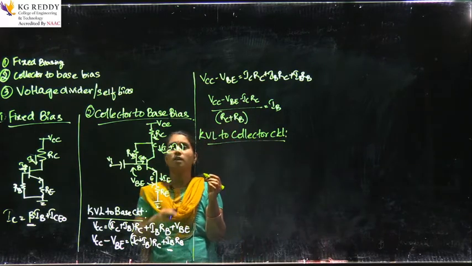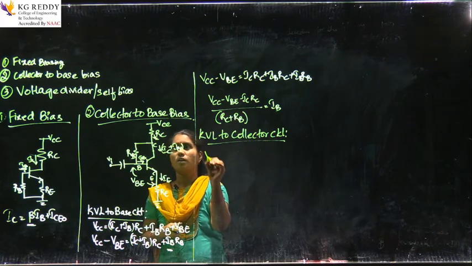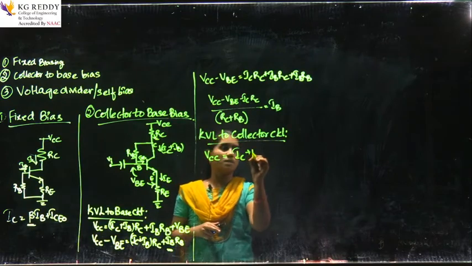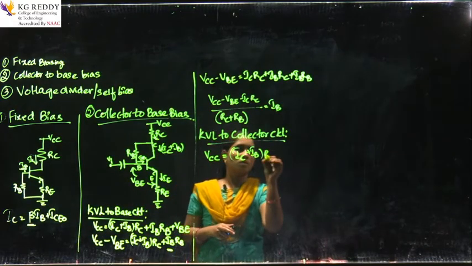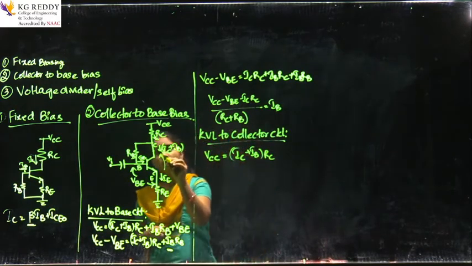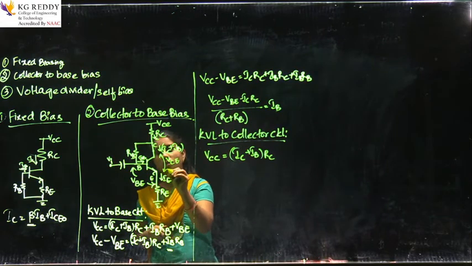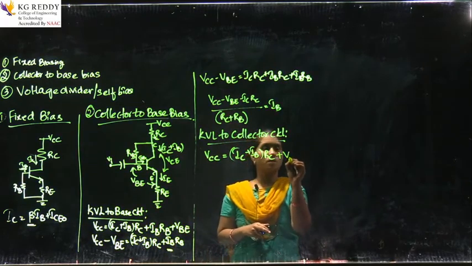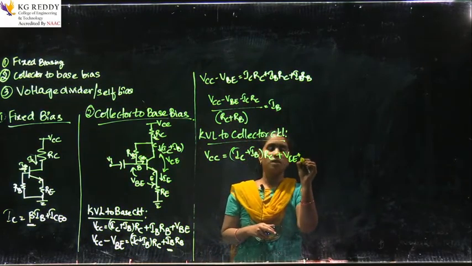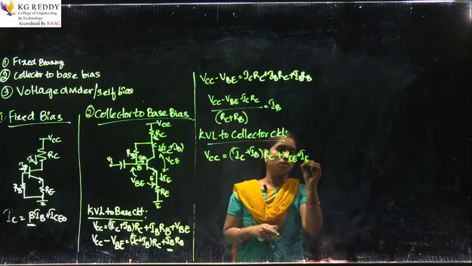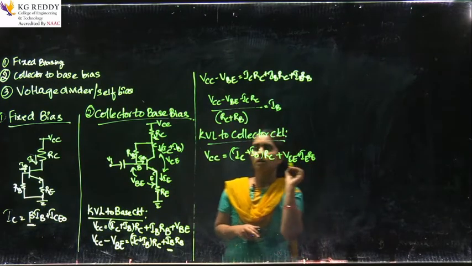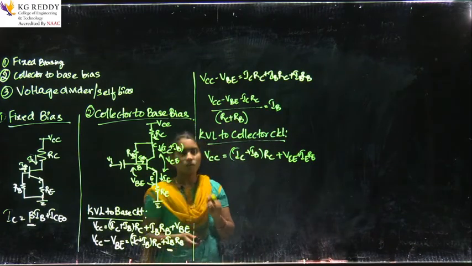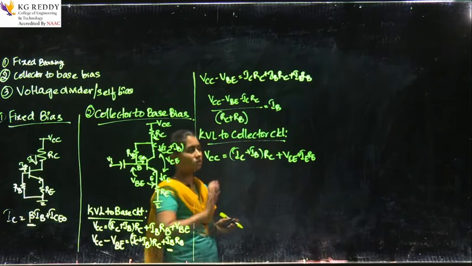When you apply KVL to the collector circuit, you can write VCC equals (IC plus IB) into RC, and here the voltage VCE would be there between the collector and emitter, plus IE RE. When you apply this to your collector circuit, I got this equation.